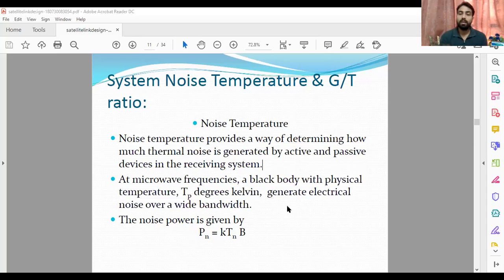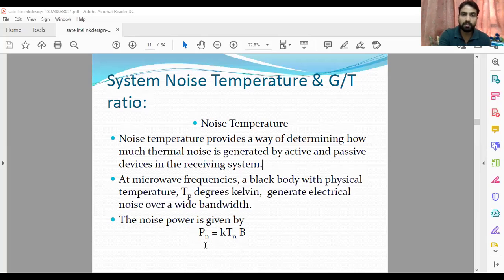A black body is simply some object. When this object is at Tp degrees Kelvin, it generates electrical noise over a band, meaning electrical signals, radiations.